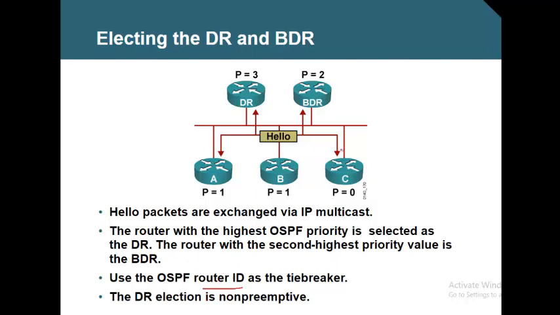So the second biggest priority router has become a BDR, and the C router will never get a chance to become a DR or BDR. The reason is when you say priority 0, you are saying do not participate in election. So this will always be other router, DR other.